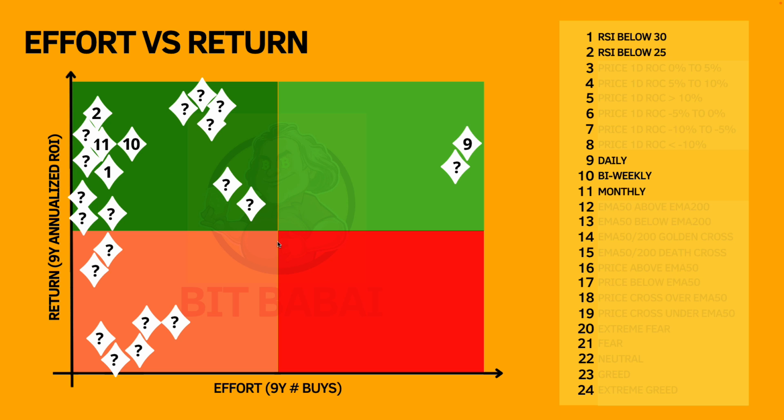So stay tuned for that. The only takeaway from today's video is stop doing DCA on a regular interval, like daily, bi-weekly or monthly. It's not really worth it. Why do you want to do it when there is a strategy that gives you better ROI with less effort? So wait for RSI to drop below 25 and then just go ahead and buy it.